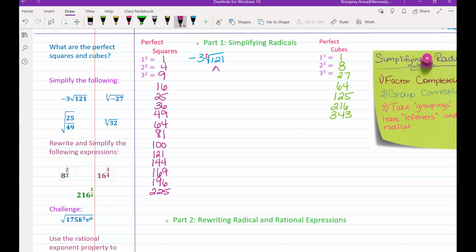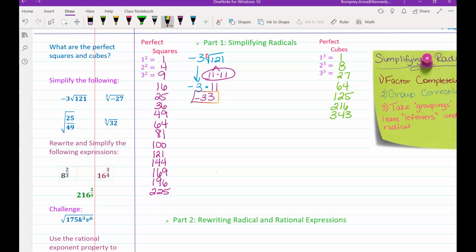What goes into 121? 11 times 11. So we already have the -3, so don't forget to bring it down, times the square root of 121, which is 11. So -3 times 11 is -33. Beautiful. That's it.